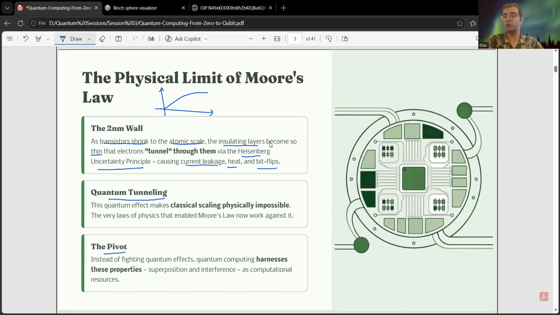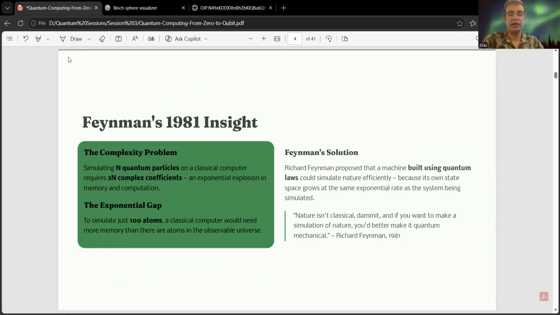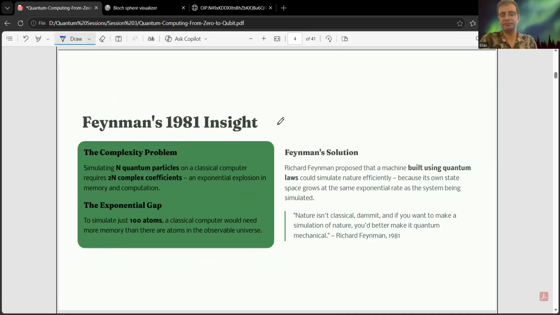What if instead of using classical computers, we use quantum computers? Richard Feynman in 1981 said that instead of using classical computers, we have to move to quantum computers, because he said a machine built using quantum physics could simulate nature efficiently, because its own state grows at the same exponential rate as the system being simulated.